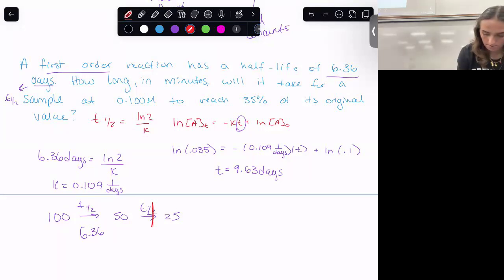If it were to take 2 half-lives, it would be 12.72 days. But I'm at 9.63, in between one half-life and two half-lives. That makes sense to me because I'm at 35%. I didn't fully make it to 25, but I'm not at 6.36 because I'm not at 50%. So I like to always check in there.